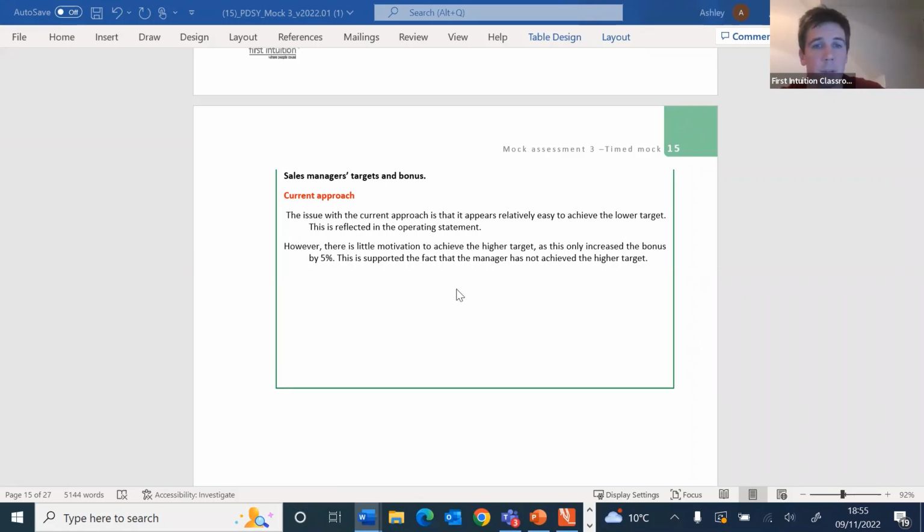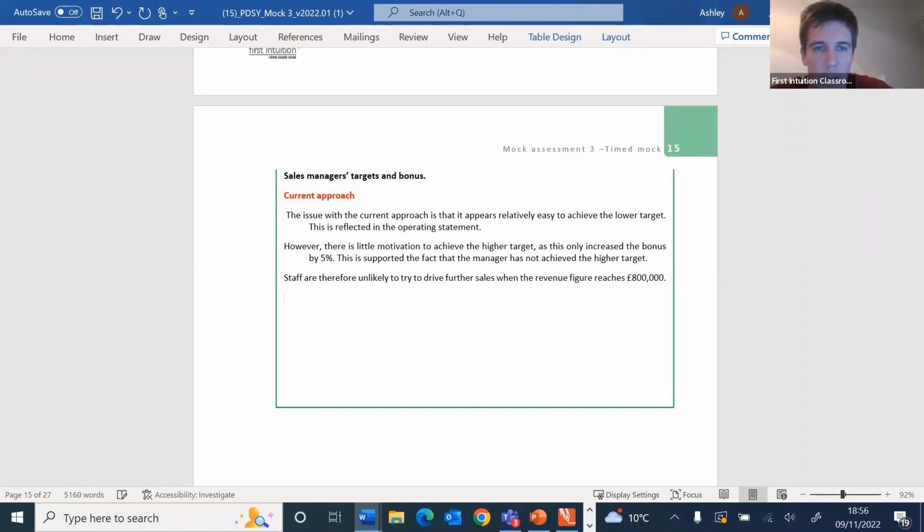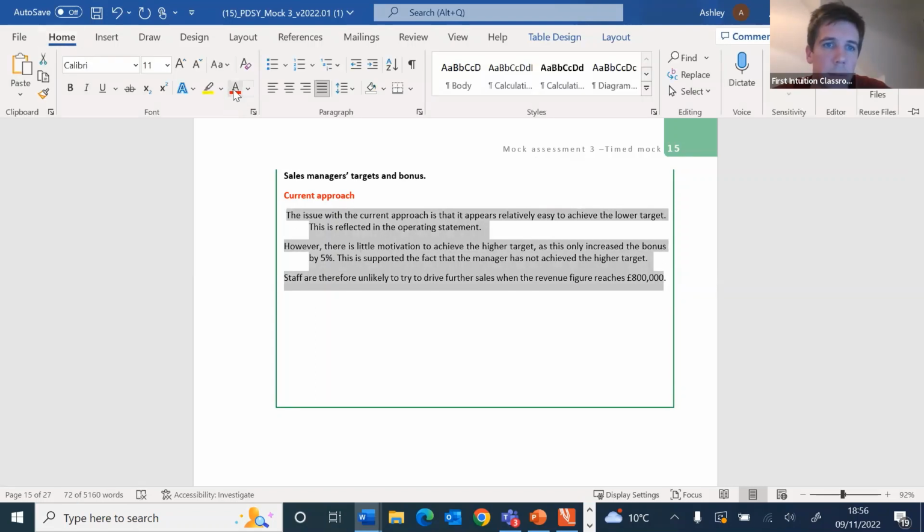Yeah, I mean, it's a fairly obvious issue, in that staff are therefore unlikely to try to drive further sales, further revenue, if you like. Sales is probably better. When revenue figure reaches 800,000. So, I mean, there's clearly an issue, okay, in that it can affect motivation. It certainly does when you get to £800,000 worth of revenue.